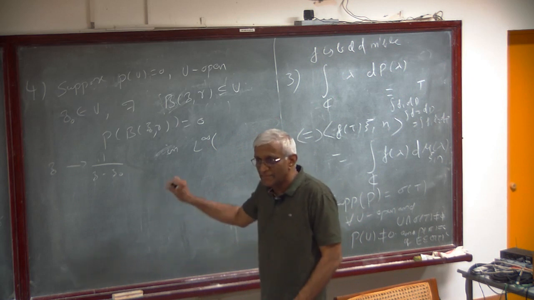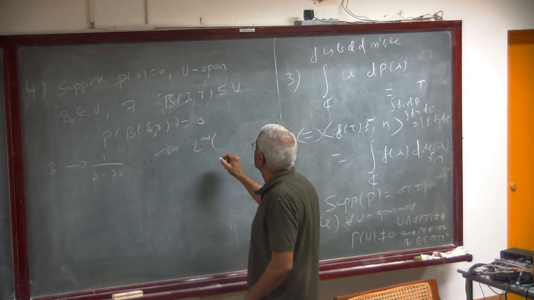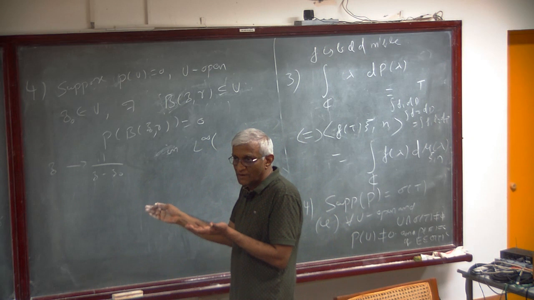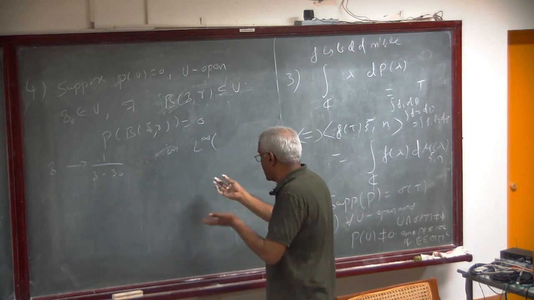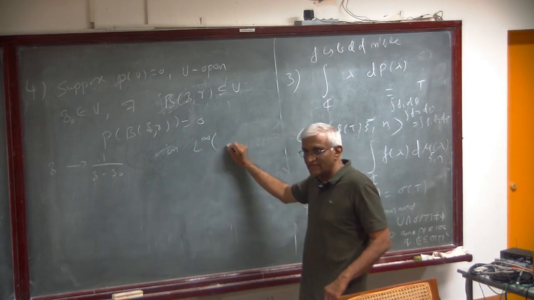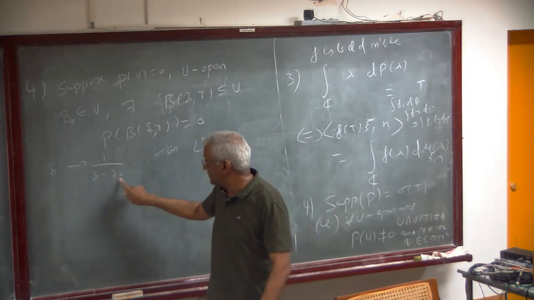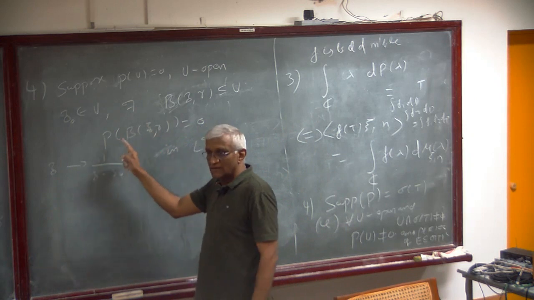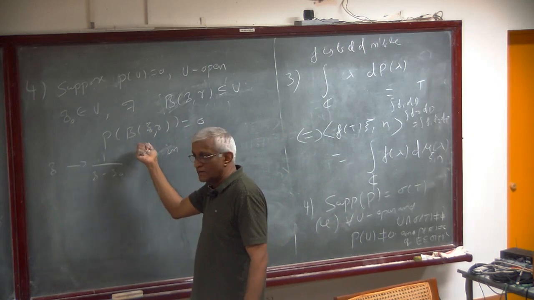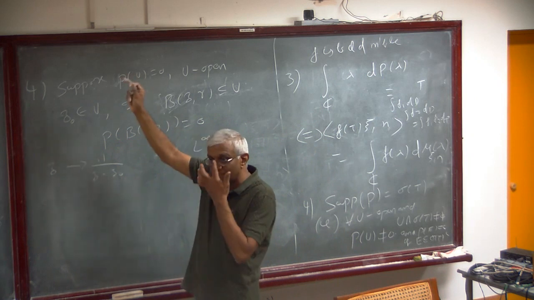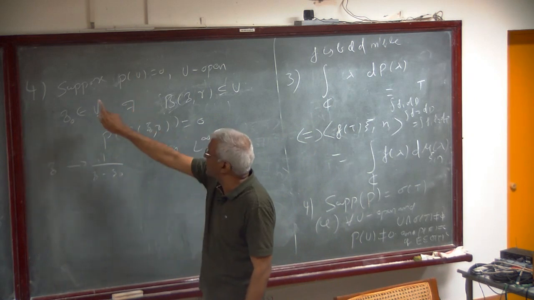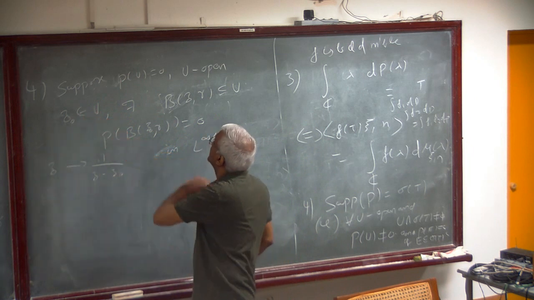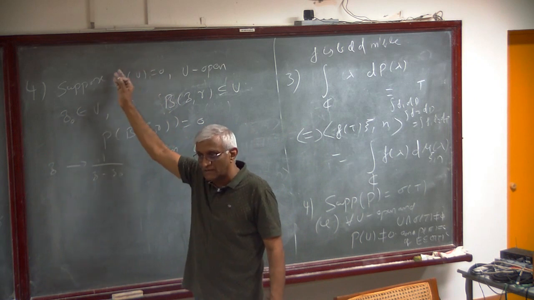I'll make it clear next time. This L infinity can be defined through P also, but to make it rigorous, we have to define it through mu. Because this set has measure 0, the function will be invertible in that L infinity. So that will prove that z naught is not in the spectrum, for arbitrary z naught.